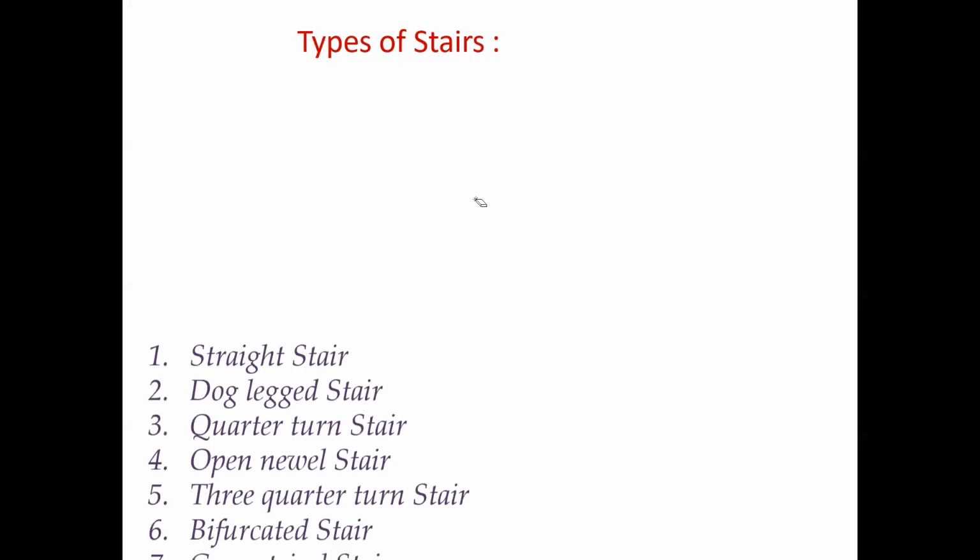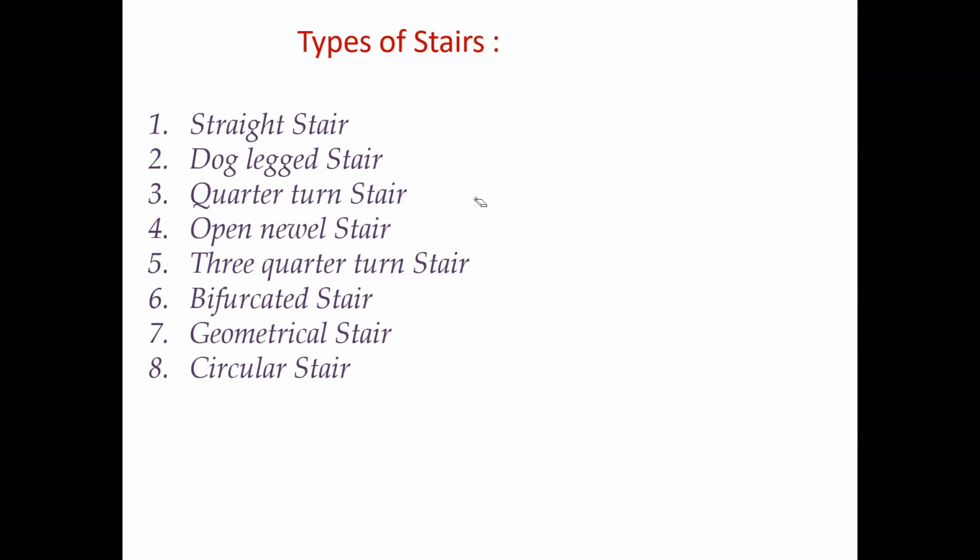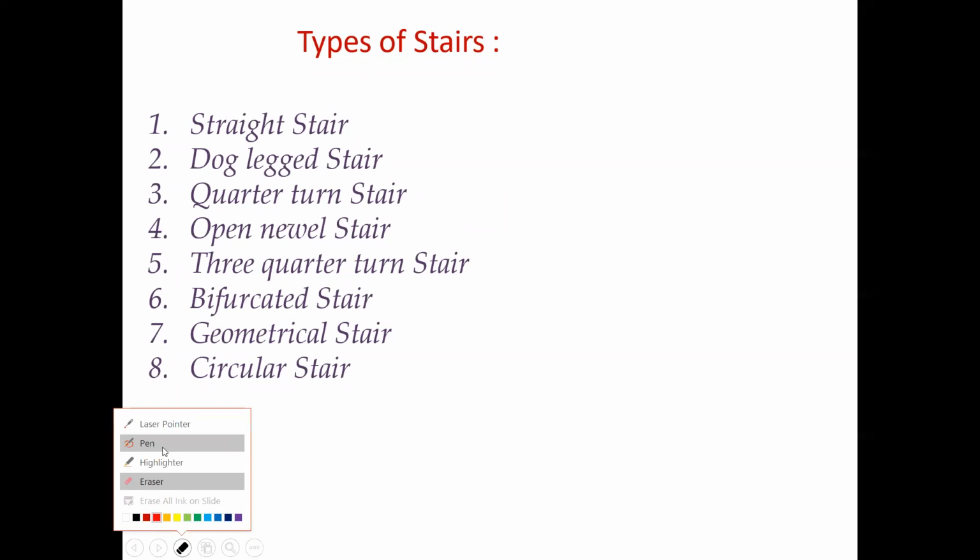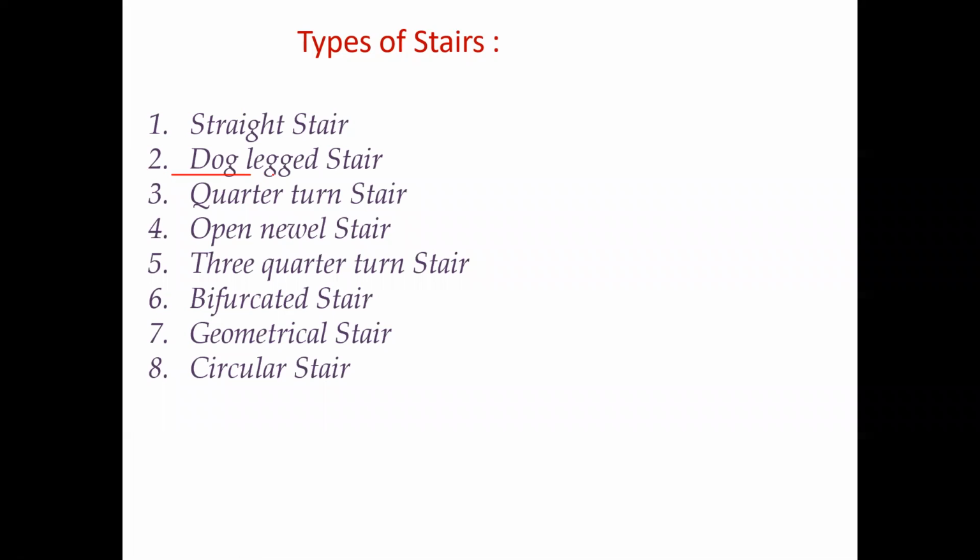Anything else? Straight stair, dogleg stair, quarter turn stair, open newel stair or open well stair, three-quarter turn stair, bifurcated stair, geometrical stair, circular stair. Among these, you are going to study and design one, the dogleg staircase, and another, the open well staircase.